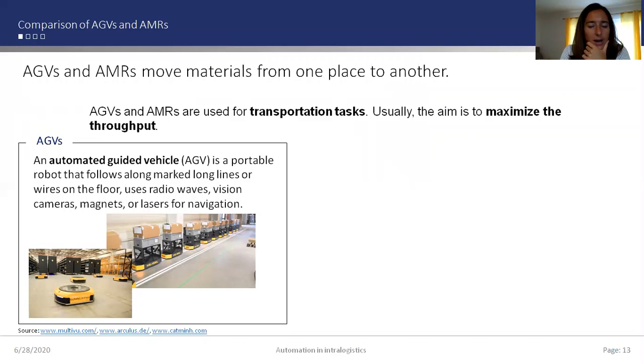It's quite difficult to say from the outer appearance whether it's an AGV or an AMR. But as you can see here, automated guided vehicles are normally following something on the floor, like marked lines, wires, or they use radio waves. So you see how the navigation works.